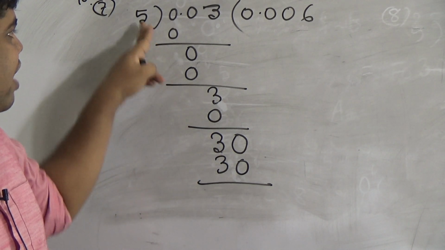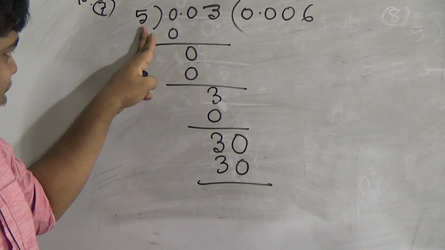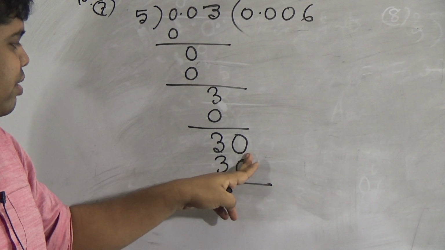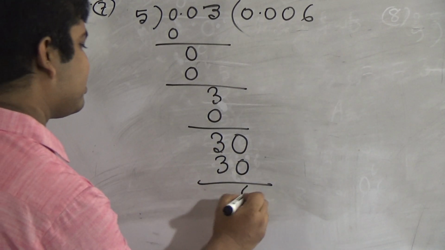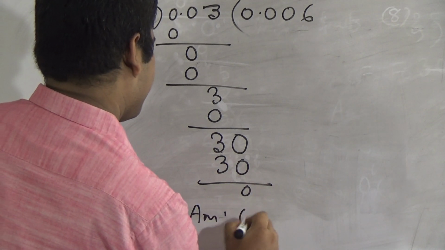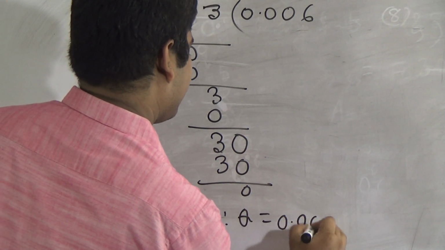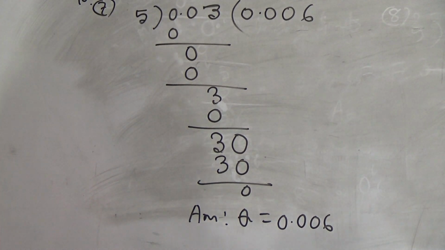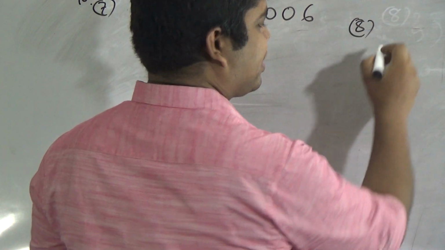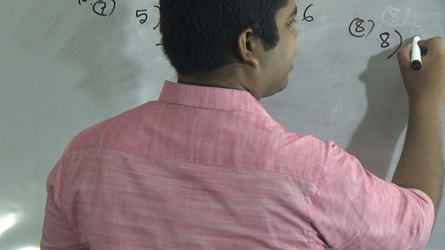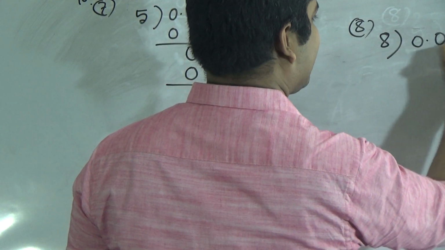In 3, 5 is not countable. For this reason we take 0, and in 30, 5 goes in 6 times. So the answer, the quotient, is 0.006.